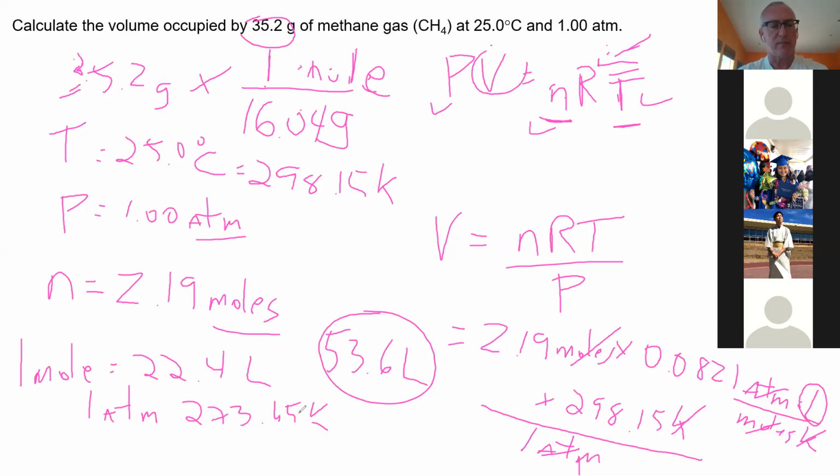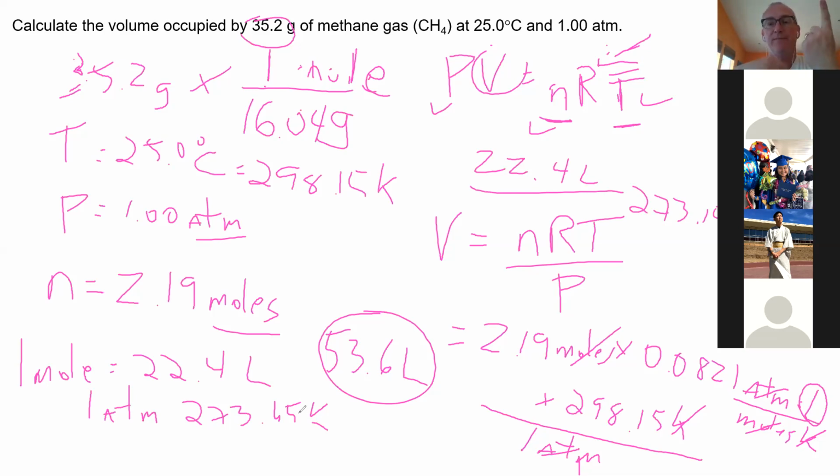So basically it's just 22.4 liters divided by 273.15 Kelvin. It's that relationship between the volume and the temperature for 1 mole at 1 atmosphere.